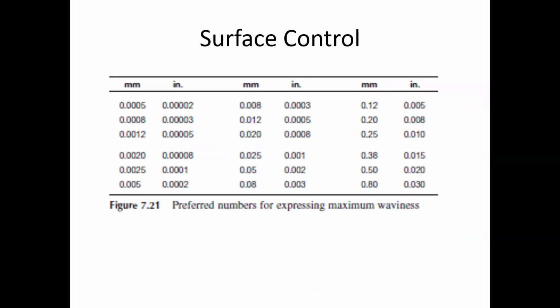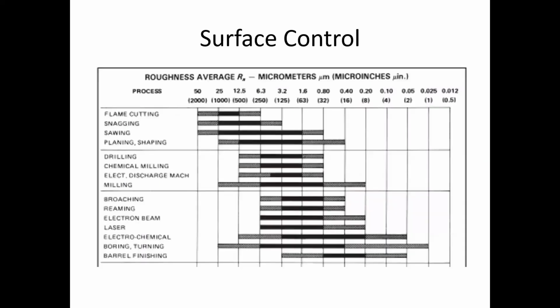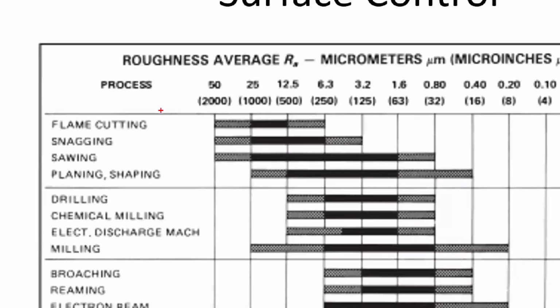Preferred values. Here's where I want to get to. This is a process chart with typical surface finishes based on those processes. So the average person running this, let's just do sawing, right?